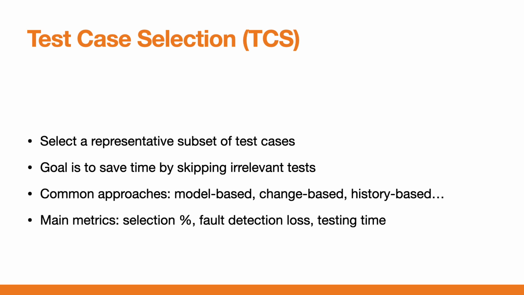And what you want to optimize there, you want to select a relatively small percentage of the test suite, and you want to do that while still detecting failures if they happen. And of course, ultimately the objective is to reduce the time that it takes to test the program after each change.